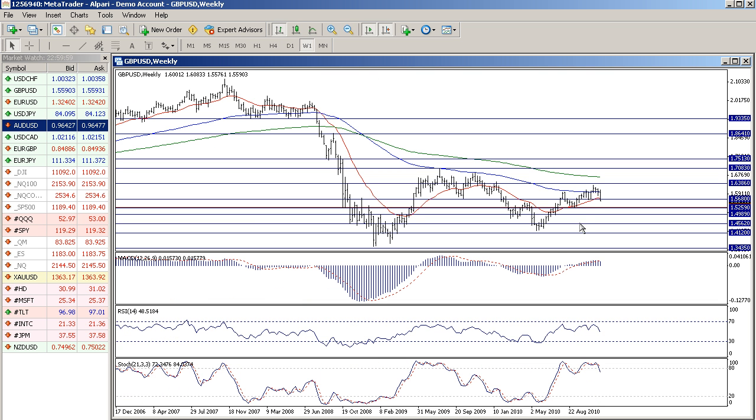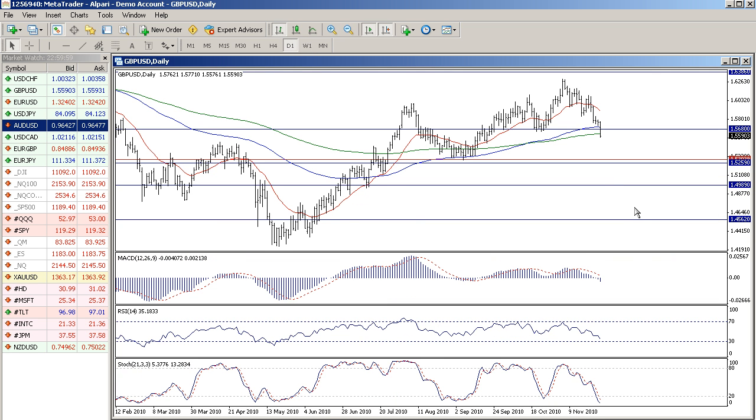And if we go back to the weekly chart, we expect much further weakness toward 134 and actually even below that level in the coming months. So if this outlook is correct, then we should see lower prices ahead.